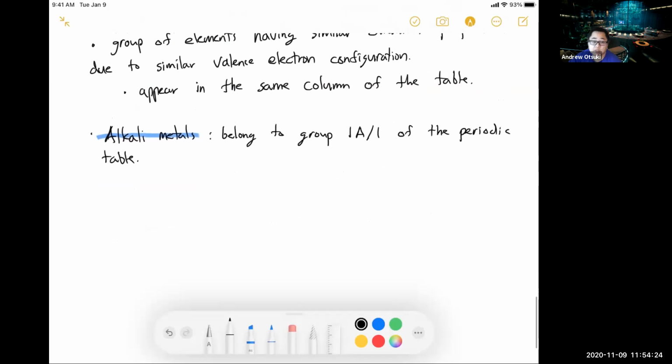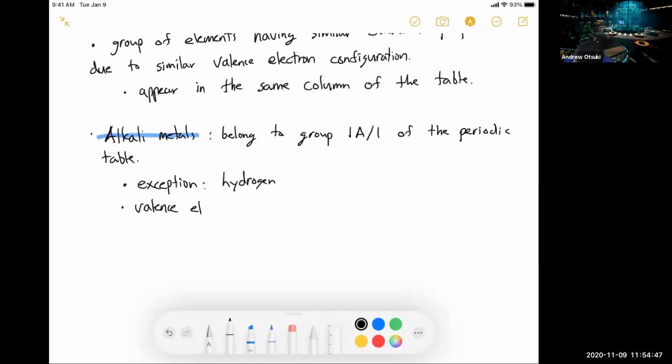Okay, so here are some of their properties. There's an exception, and the exception is hydrogen. That is not an alkali metal, but it belongs in that column because of its electron configuration. So the lone exception is hydrogen, the oddball.